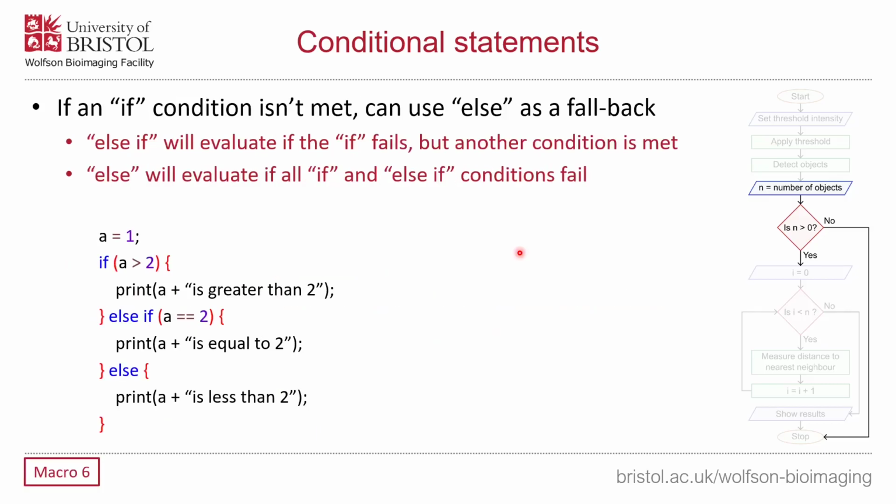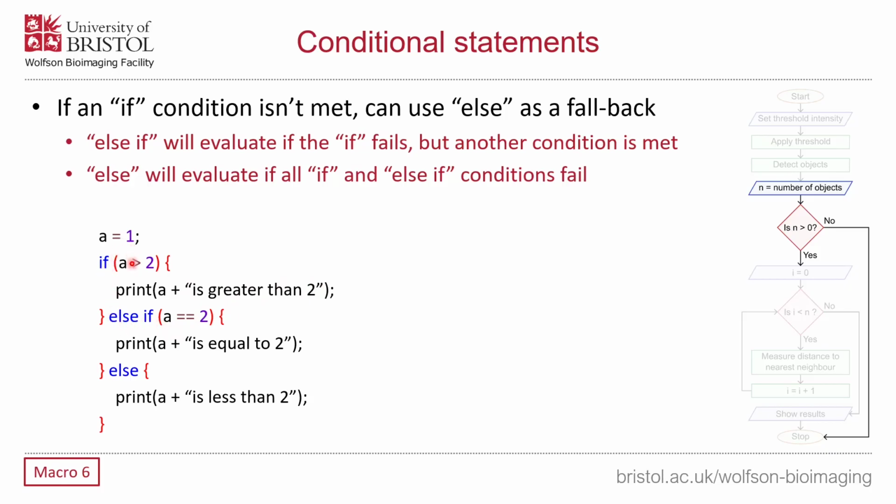We can have multiple different conditions which are effectively chained together. So these are your else if and else statements. So here we've got a sort of more thorough worked example. So we're going to assign this numeric variable a is equal to 1, and we're going to say if a is greater than 2, print a is greater than 2. Fine.